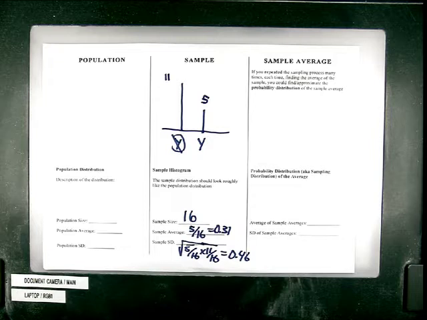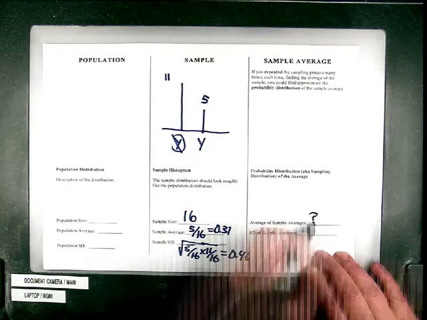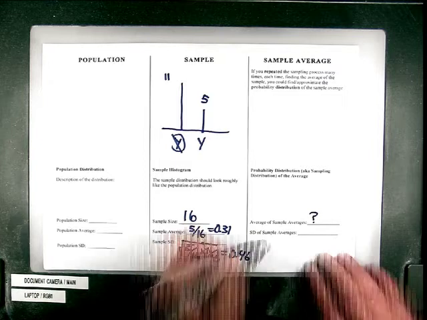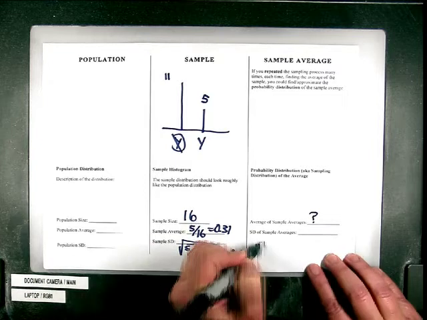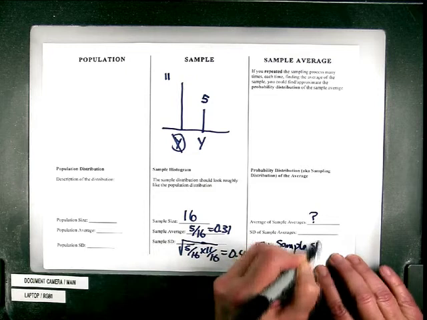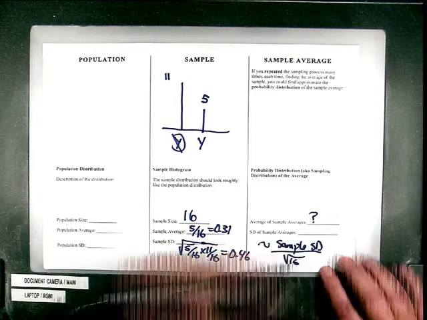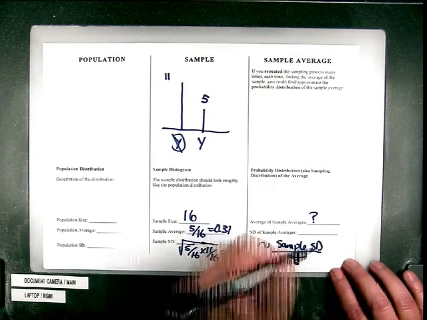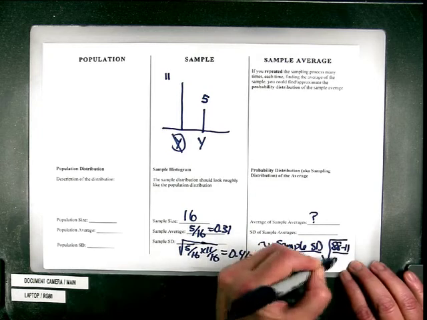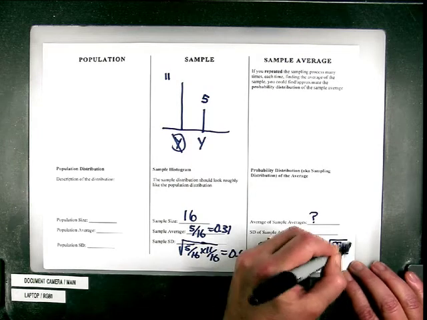Now when we go over to the bottom part, we don't know this right now, but they're going to estimate the SD of the sample average would be approximately the sample SD over square root of 16 times the FPC, which is the square root of (88 minus 16) over (88 minus 1).